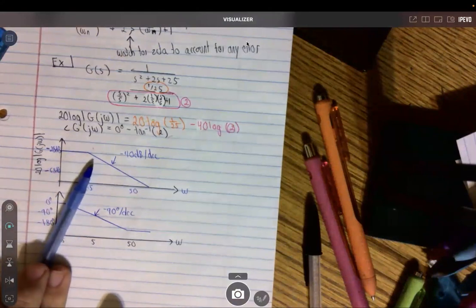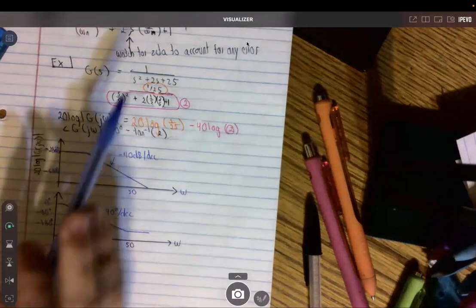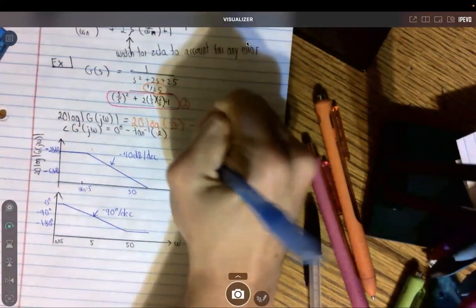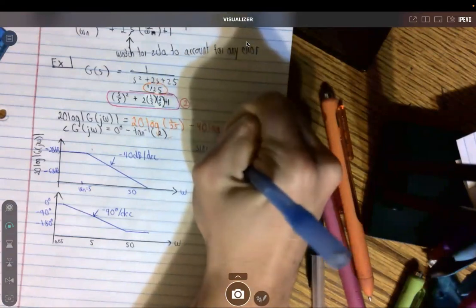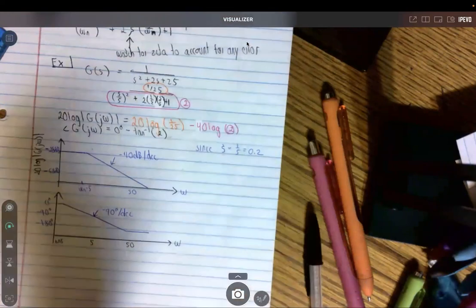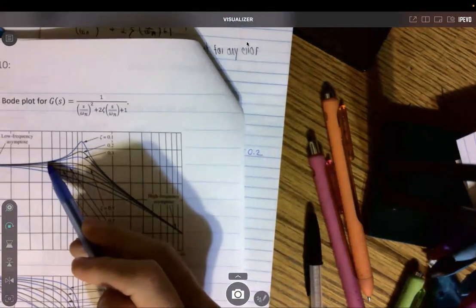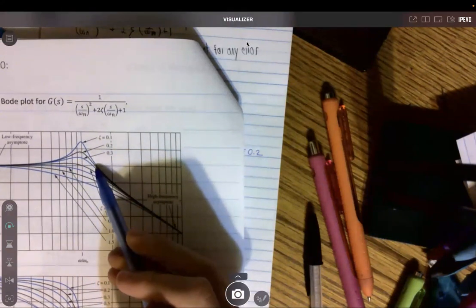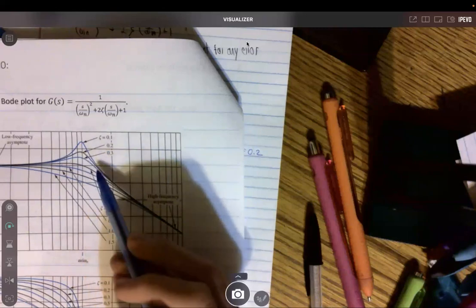But with our magnitude plot, because this had a zeta value of 1 over 5, since zeta equals 1 over 5, which is 0.2, we have to take into account the error, which the error right here, it looks like it goes about almost 1, like 10 decibels up.